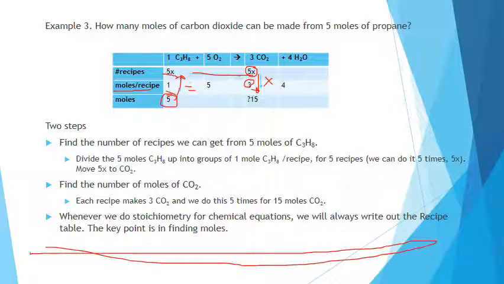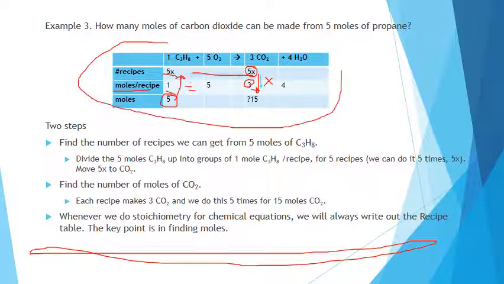Okay. So whenever you're doing stoichiometry, write out the table. Because what you're going to be doing is figuring out moles, going to recipes, and then coming back out of moles. All right. But this table is going to be your central processing unit in a sense.